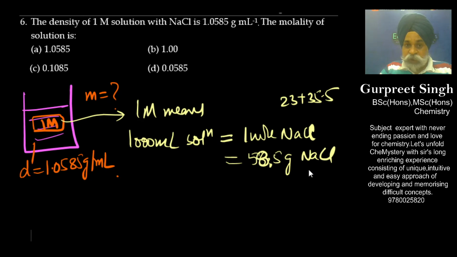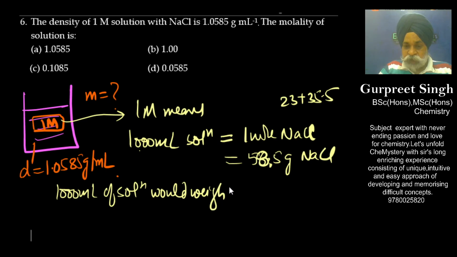Now what is the density of the solution? If I take 1000 ml of solution, how much would it weigh? It would weigh volume into density, 1000 into 1.0585, so this would make 1058.5 grams.